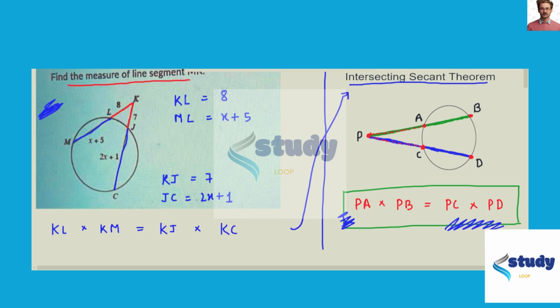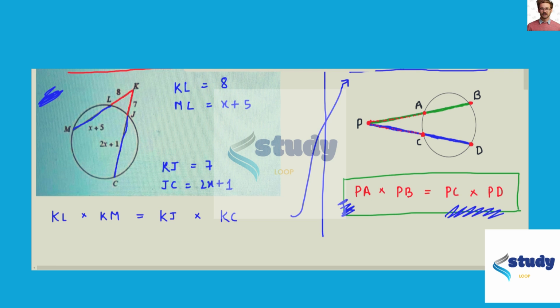Now, segment KM, that is this complete segment, can be written as the addition of KL plus ML. So we can write KL plus ML times KM... equals KJ times KC.